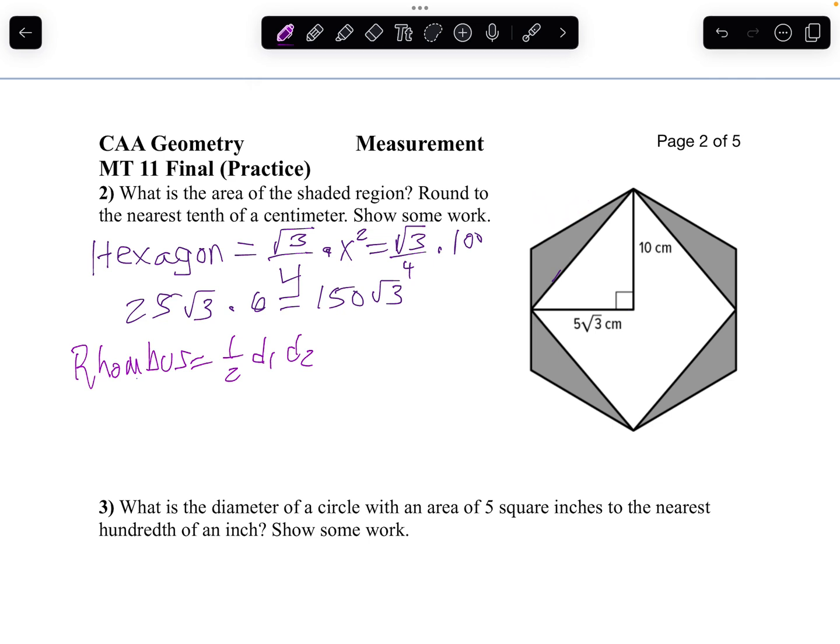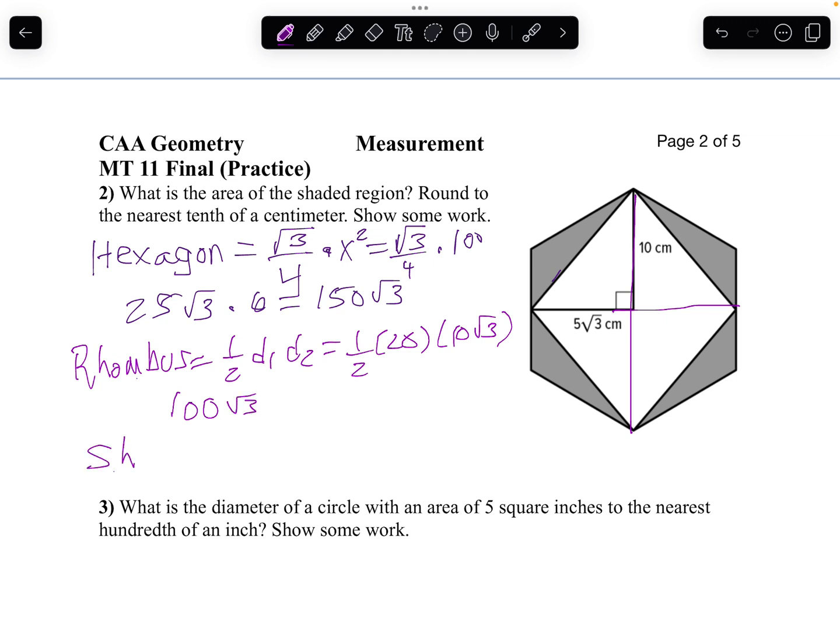I know one diagonal will be 20. So it's 1/2 times 20 times my other diagonal, which would be 10 square roots of 3. Half of 20 is 10, and 10 times 10 is 100 square roots of 3.